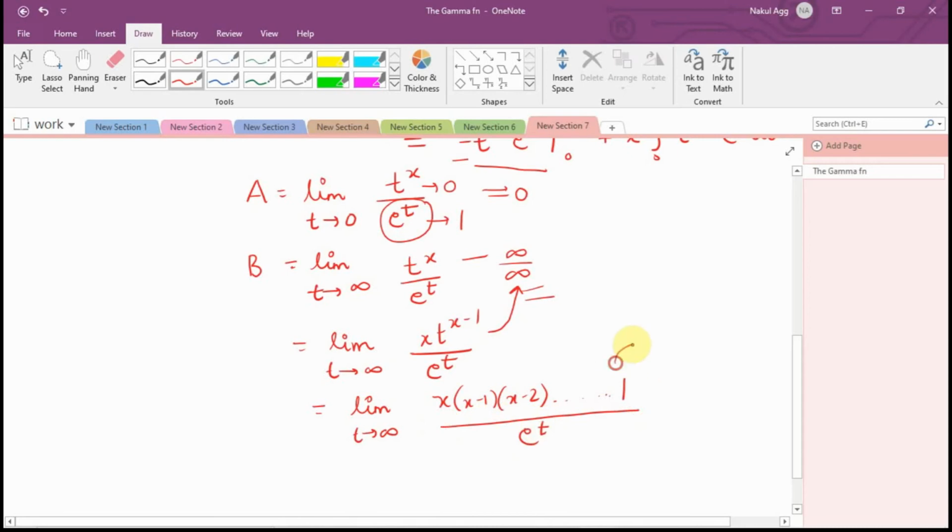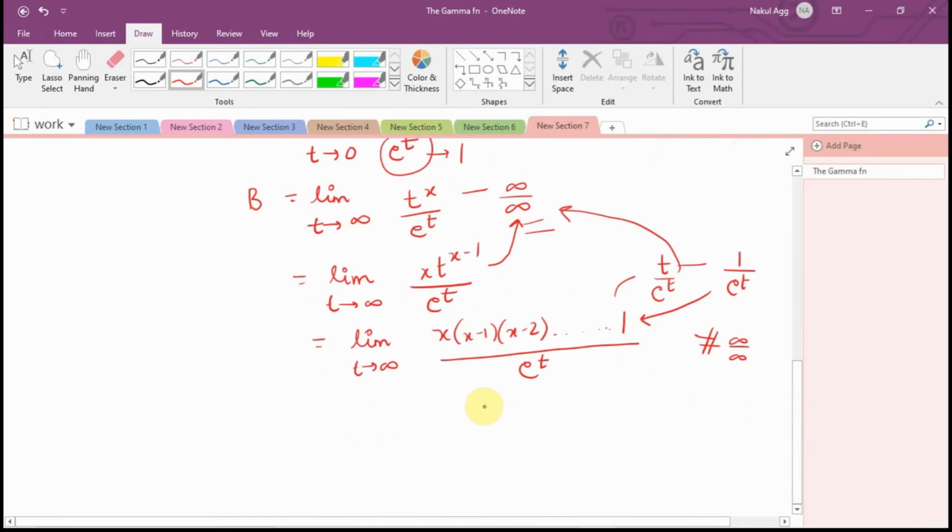Remember, before this step we will have t over e raised to power t, but that will again be of the form infinity by infinity, and then we differentiate it again, we get 1 over e raised to power t, thus giving this relation. Now it is not of the form infinity by infinity. So when t goes to infinity, the entire limit evaluates to 0.